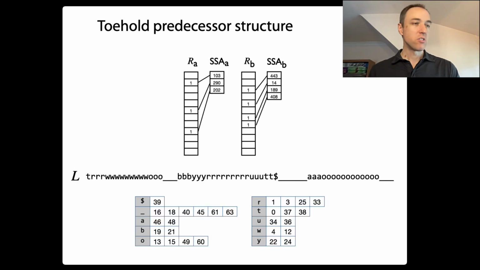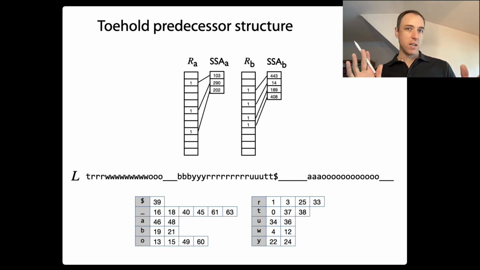So at the end of the day, we store a structure that looks maybe notionally like this. You can see what I've done here is for each of the alphabet characters, I have a sparse representation of where all the run heads and tails for runs of that character occur. This is conceptually what we want this predecessor data structure to store.